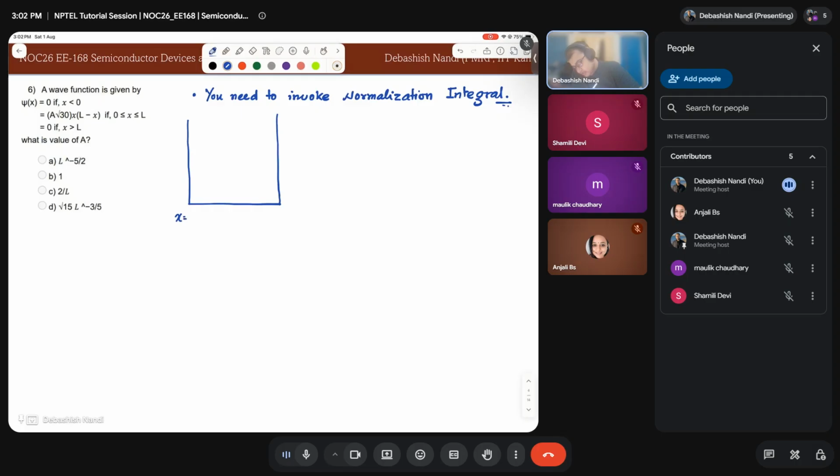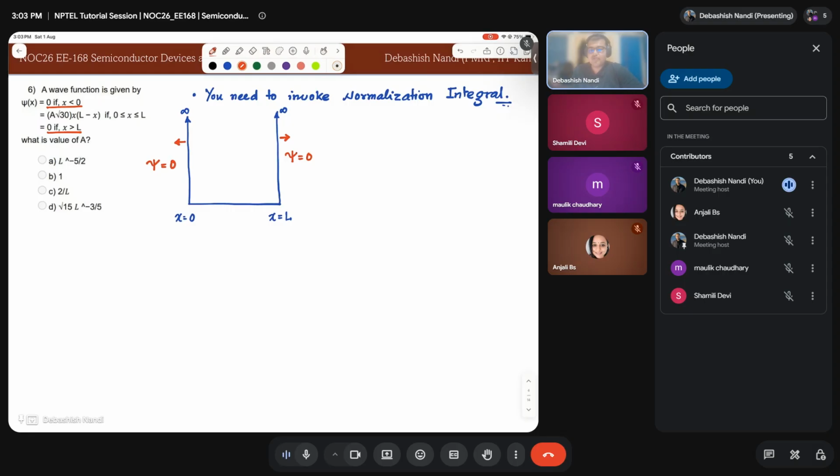So x equal to 0, x equal to L. Why are we drawing it like a well, or more precisely an infinite potential well? Because we know that in these two regions the wave function is 0, beyond this and beyond this. That means a well-known case for us: a particle inside an infinite potential well.